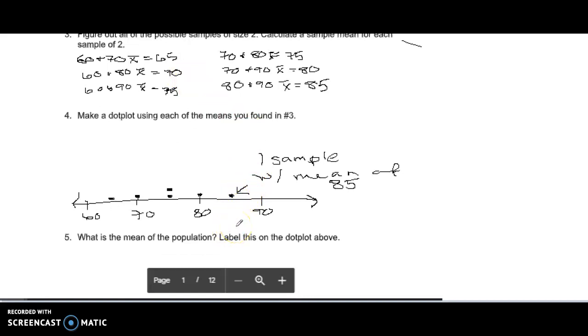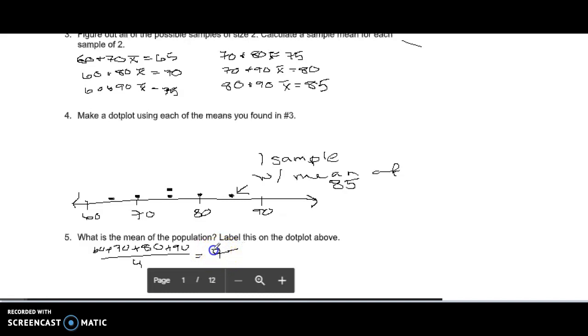So the mean of my population, well, my population was just those scores. So to find the mean of my population, I'm going to do 60 plus 70 plus 80 plus 90, all divided by, well, there are 4 scores, which is going to give me 85.